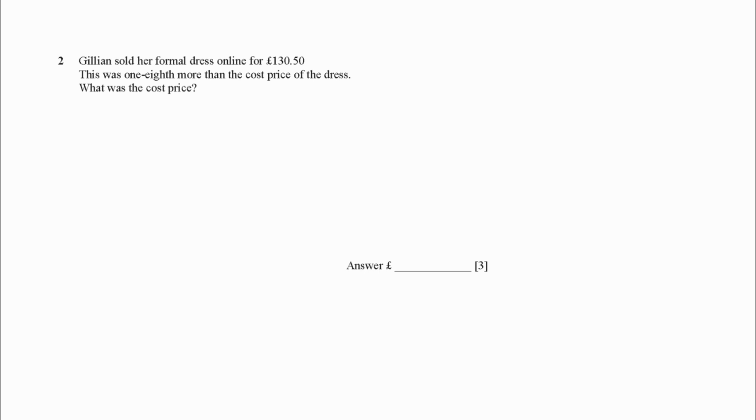If you imagine that the cost price of the dress was x, just as an example, this says the price is 1/8 more than the cost price of the dress. So 1/8 of the cost of the dress plus the cost of the dress, because that is 1/8 more than, is basically equal to 130.50.